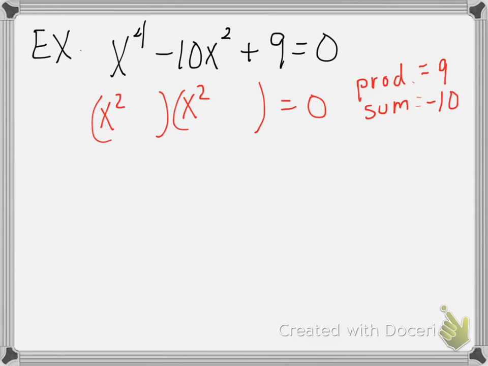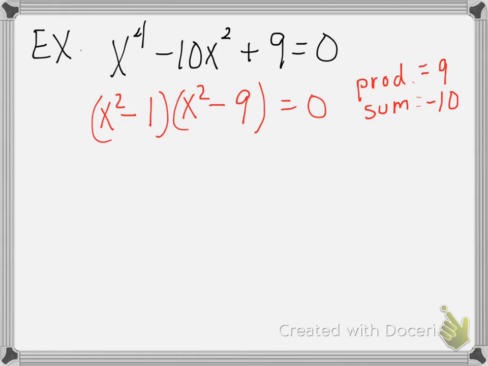So how can I multiply two numbers and get positive, yet they add to be negative? And I hope by now you're getting that it's minus minus. So what two numbers multiply to be 9, but combine to be 10? 1 and 9.